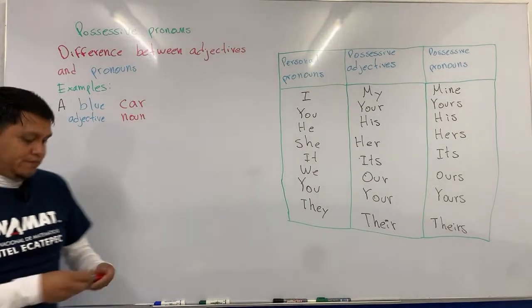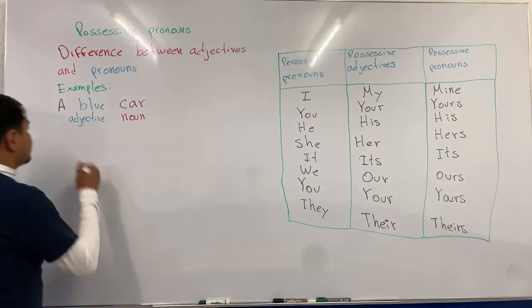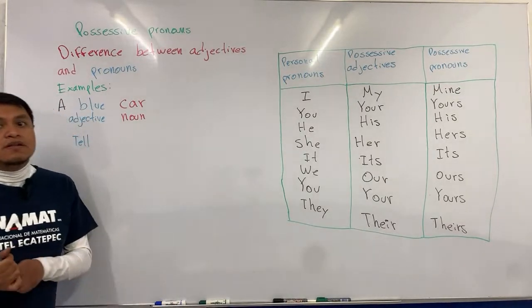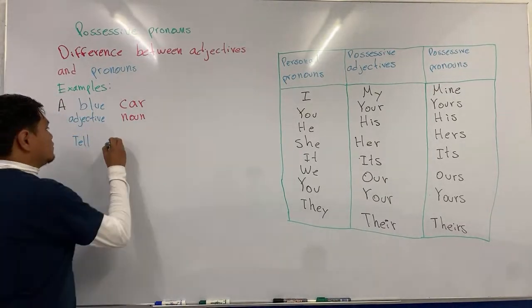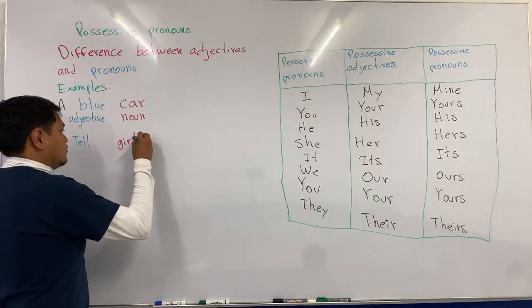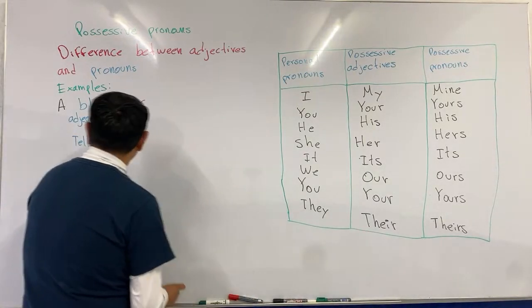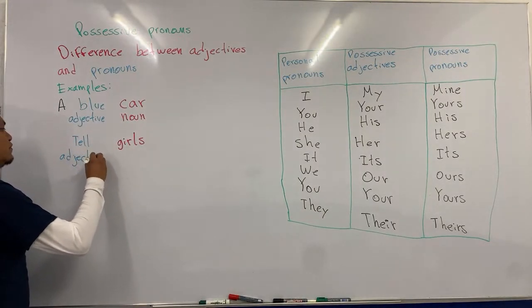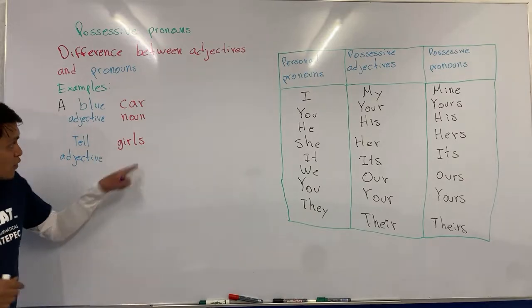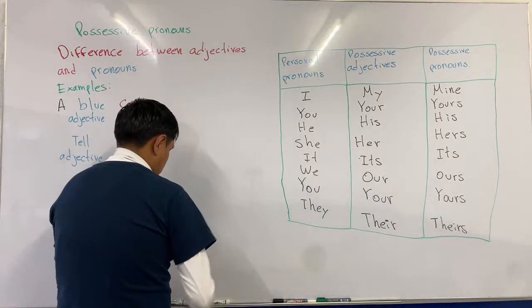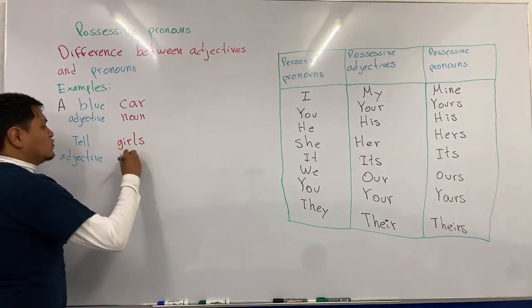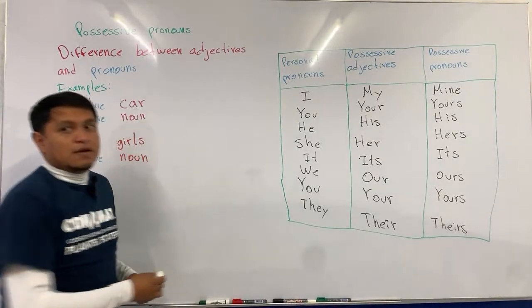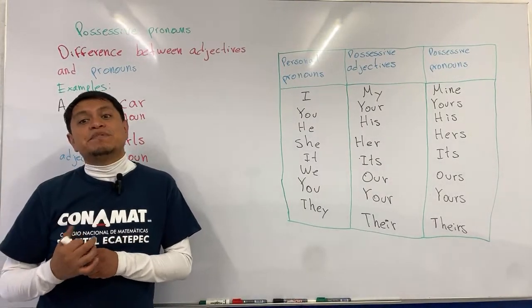Another example. Tall girls. This is an adjective, it describes the noun, and this is the noun, right? Another example, an intelligent person.